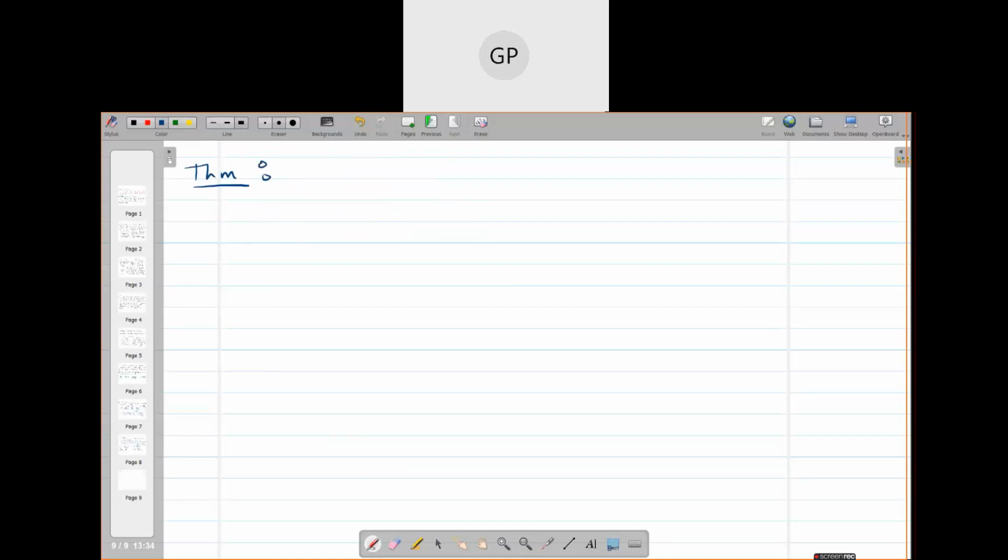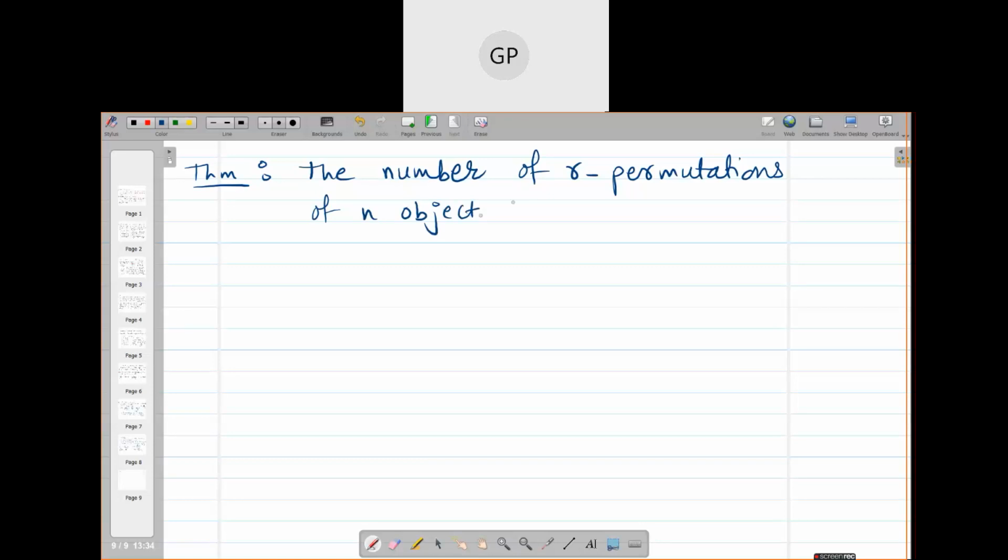The number of R permutations of an object with repetition allowed is n raised to R.